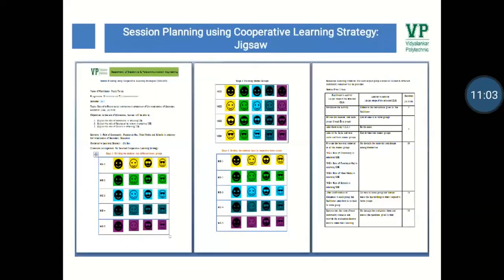Session planning using Jigsaw as a cooperative learning strategy, prepared by me, is shown in the presentation.